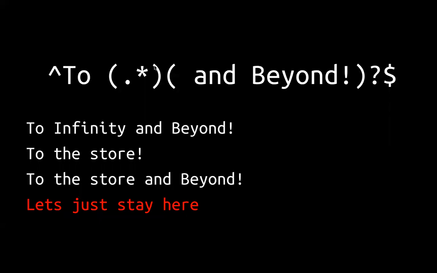You can imagine that I have this capture because I want to pull out of this phrase the place we're going to. So my intent is that on this first match I should have infinity in my first capture group, and in the second and the third one I should have the store, right? So this capture group represents the place that I'm going before I go beyond.